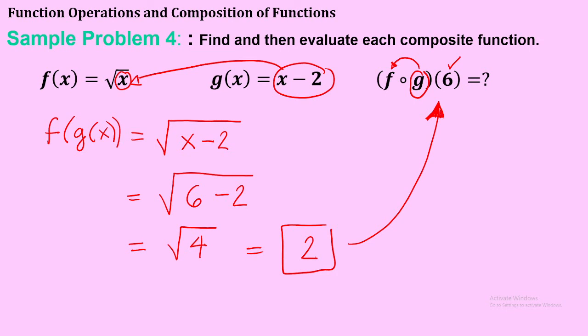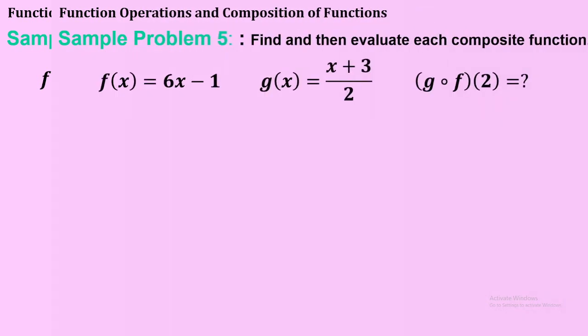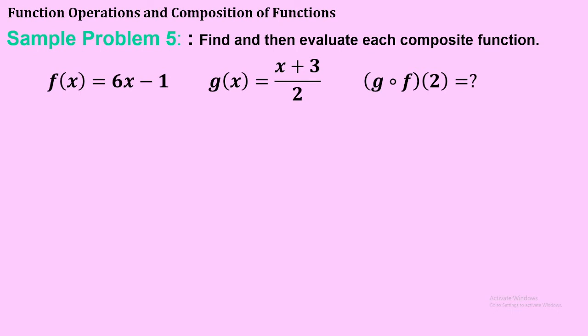Okay? Let's have problem number 5. So this time, F is substituted into G. That is how simple composition is. So meaning the solution here is that this x becomes 6x minus 1.